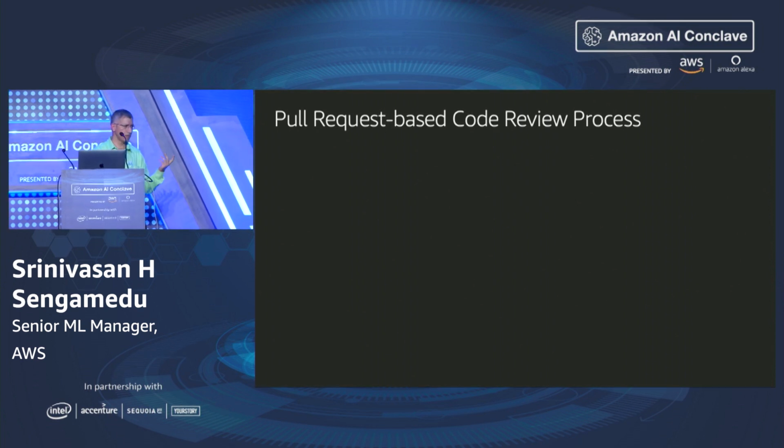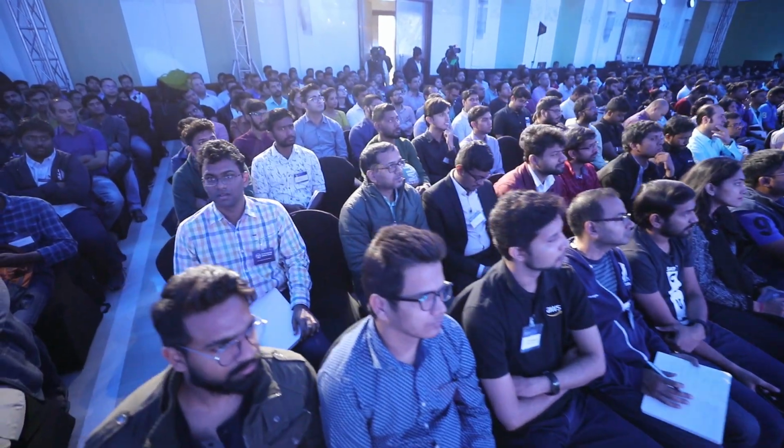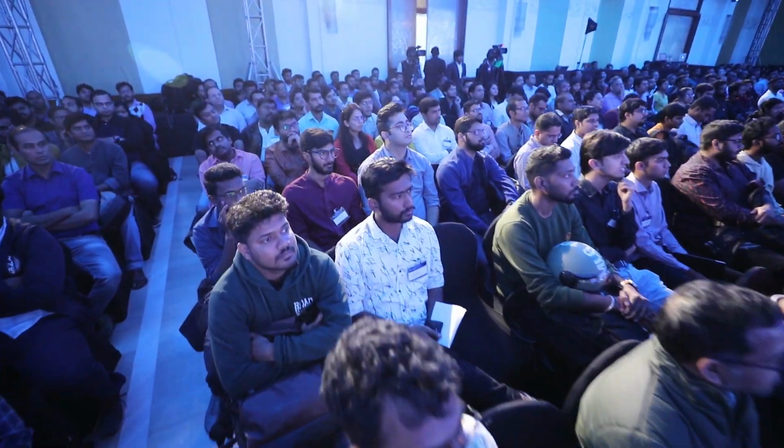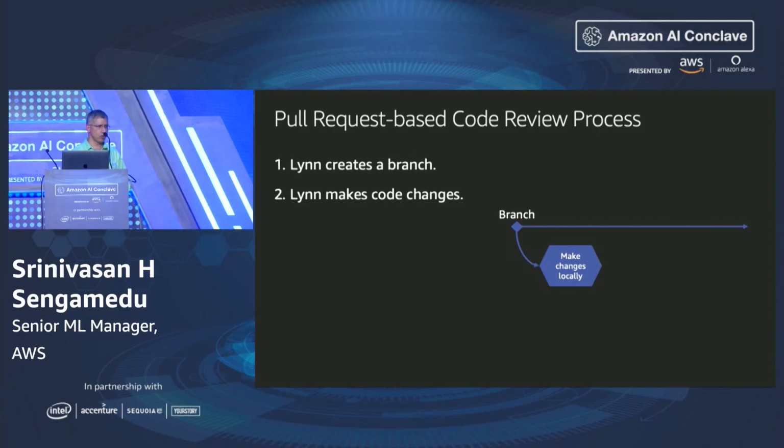Let's say that a developer is working on a bug fix or a feature enhancement. What they do is they create a local branch, and they make all the code changes in the local branch. And once they are happy with the changes, once they have unit tested, they create what's called a pull request.